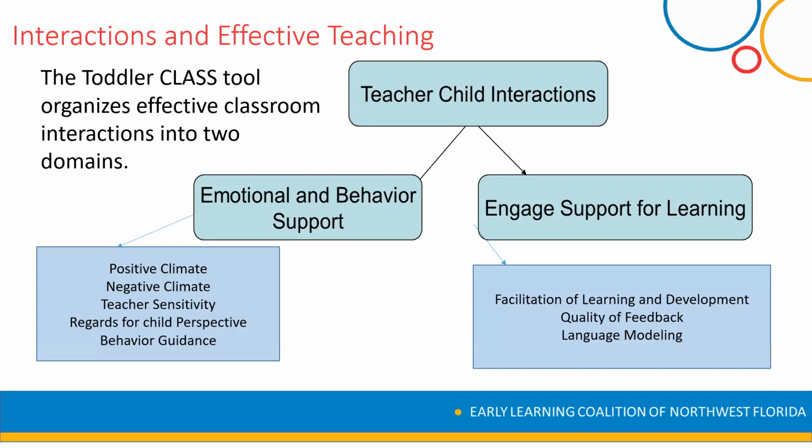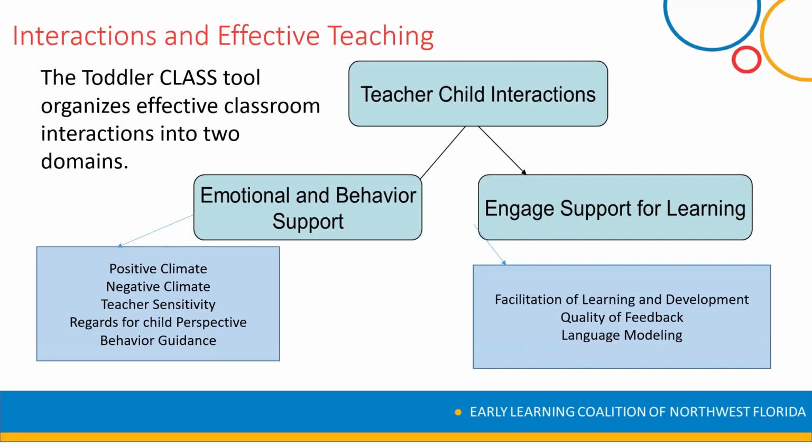For emotional and behavior support domain, we have positive climate, negative climate, teacher sensitivity, regard for child perspective, behavior guidance. Under engaged support for learning, we have facilitation of learning and development, quality of feedback, and language modeling. Again, talking with young children is very important.